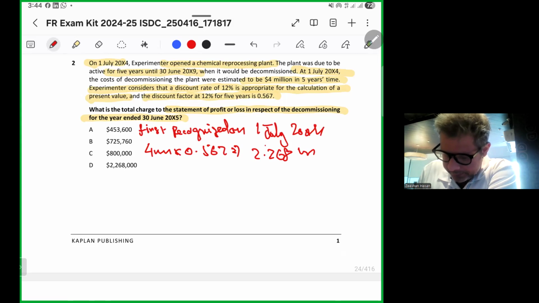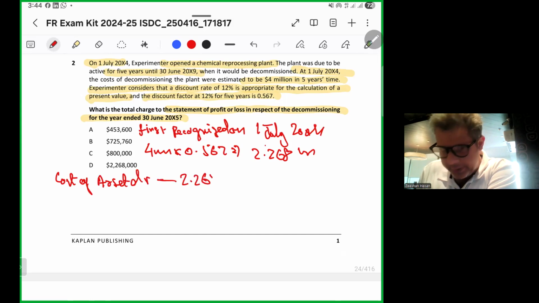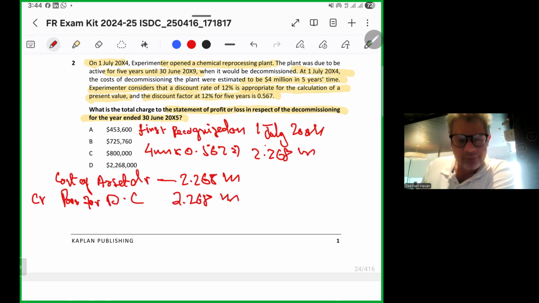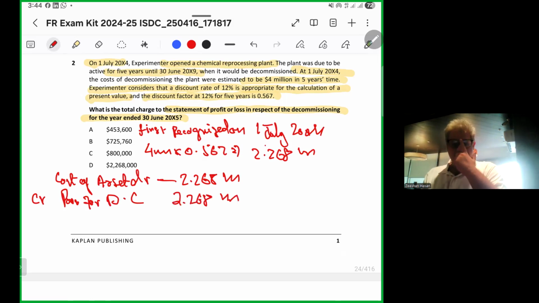Cost of asset, debit 2.268 million, and credit provision for decommissioning cost 2.268 million. So the asset is depreciated on the straight line basis over 5 years.